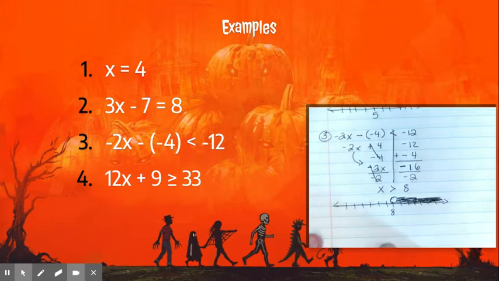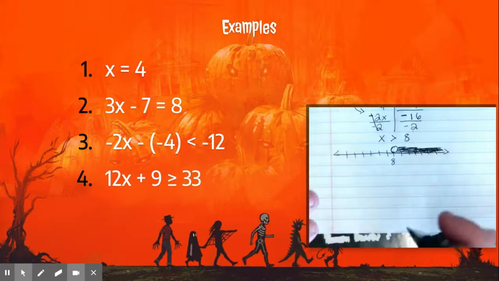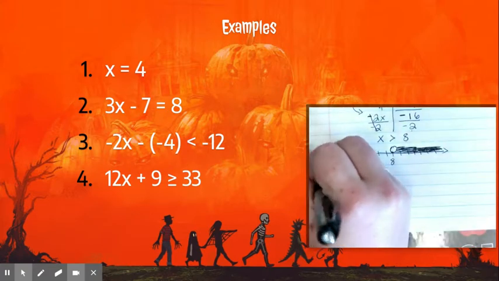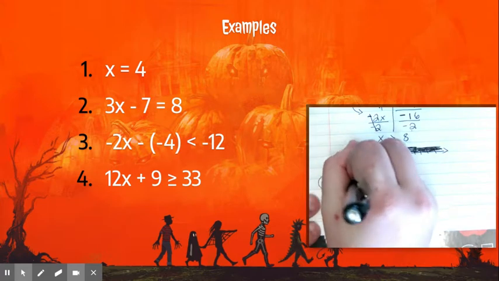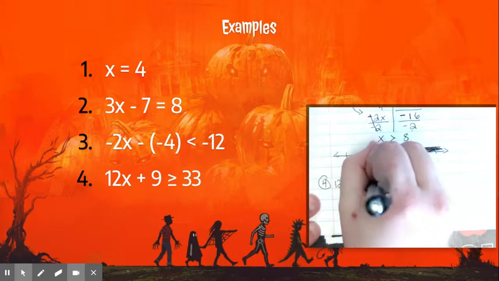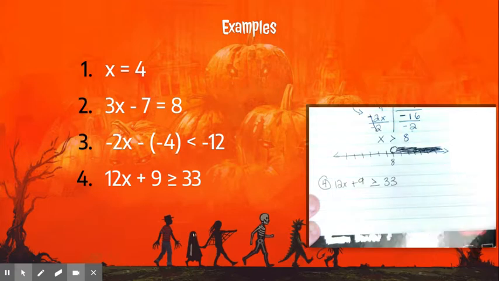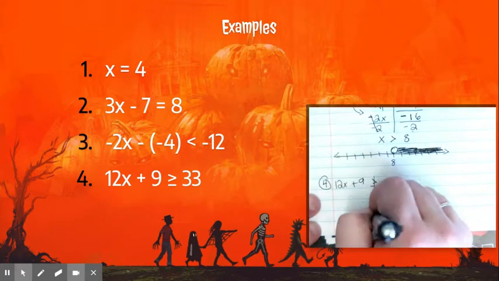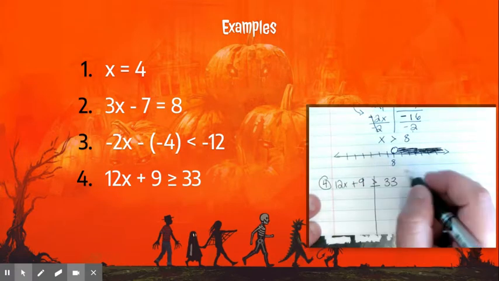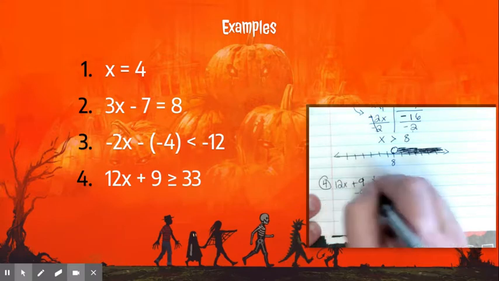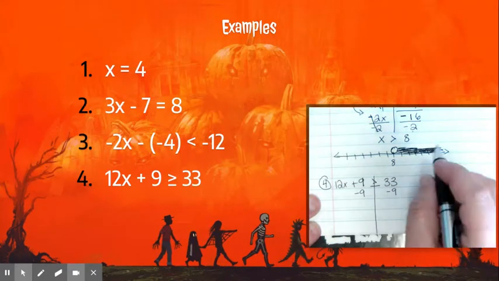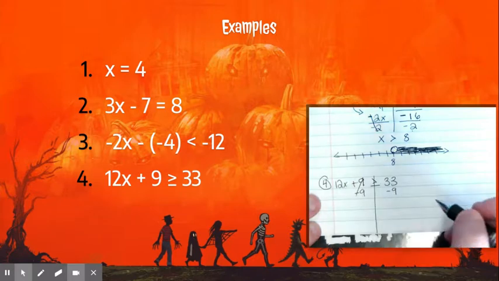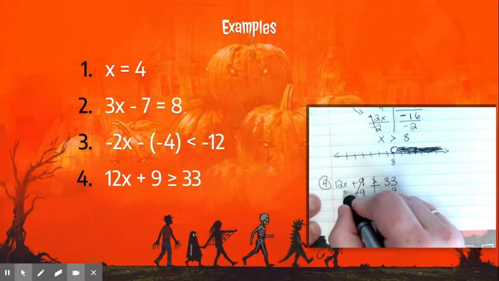Okay, and then number 4, our last one, 12x plus 9 is greater than or equal to 33. Okay, so draw my line. Subtract 9 because that's adding 9. Plus 9 minus 9 get canceled out, and my 12x comes down.